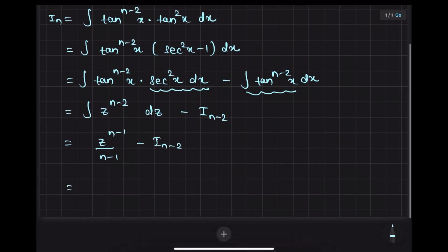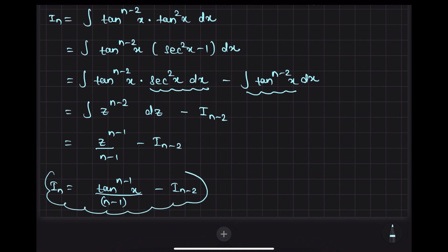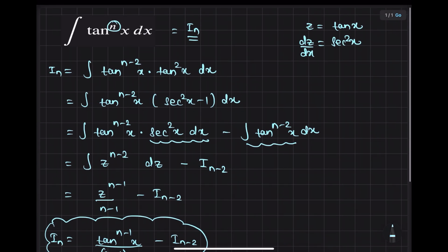Now apply the replacement because they have asked the question in x, not in this. So can I write tan power n minus 1 x upon n minus 1 minus I n minus 2? So this is the reduction formula of tan power nx.